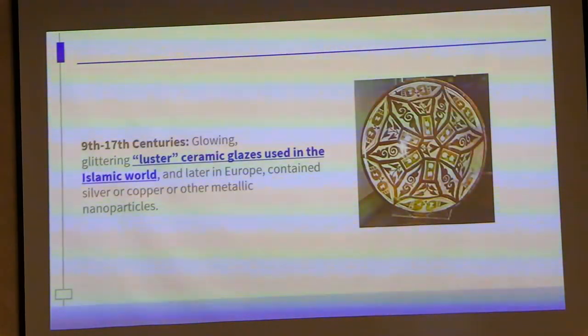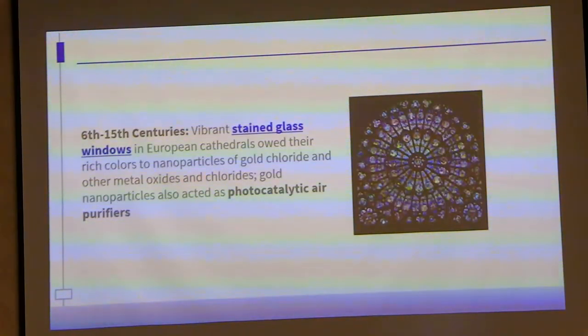There is another example from the 19th to 17th century. This is glowing and glittering, and again it's unique due to silver or copper nanoparticles. When we move a little bit forward, between the 6th and 15th century, another example is the stained glass window, especially used in European buildings at that time.